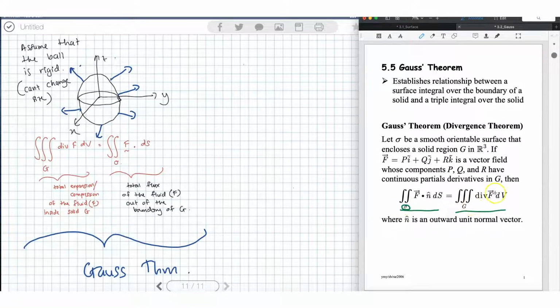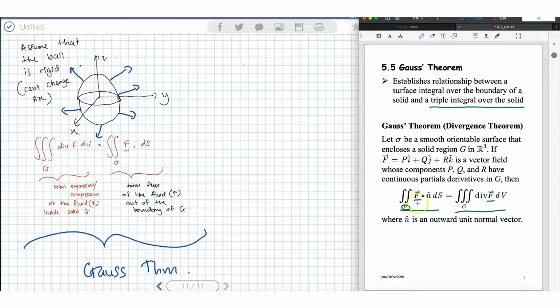Okay, and the triple integral on the right is a volume integral, because we have a dV here, the volume integral for the divergence of the vector field F. You can see we have the similar F here.